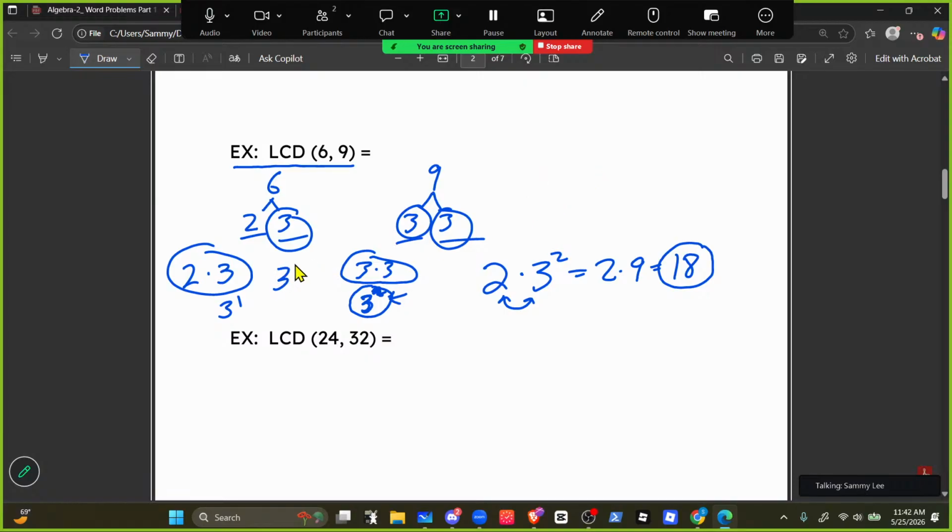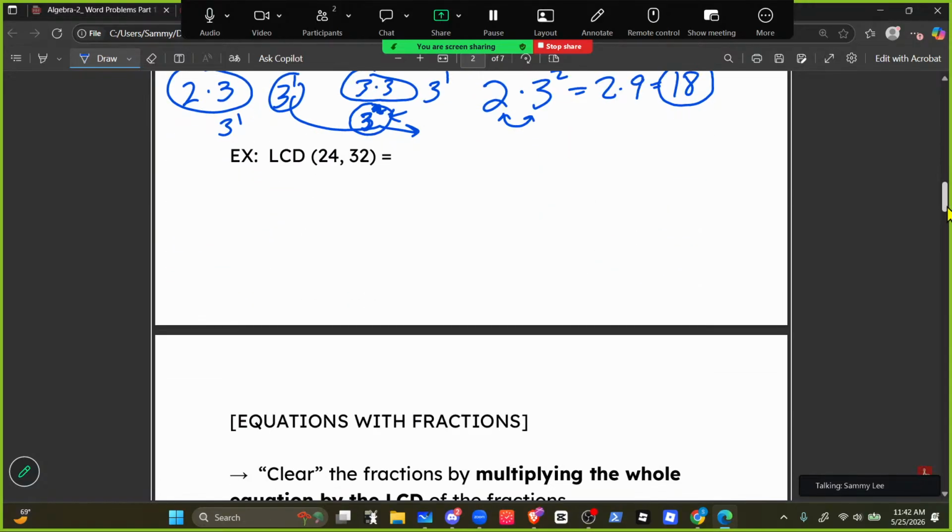What if both numbers had 3 to the first power as a factor, in other words, just 3? You would just take one of these out and take the product. Okay? Okay. But in cases where the exponent is higher, you want the one with the higher exponent. So go ahead and try this one, the LCD of 24 and 32, and let me know when you're done.